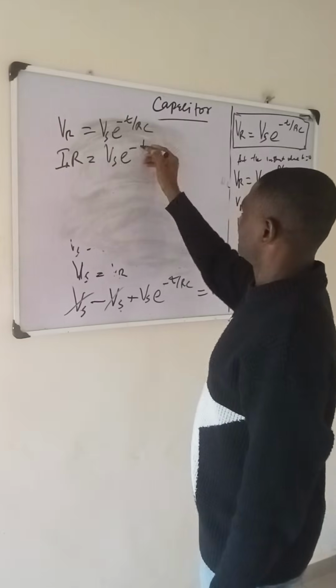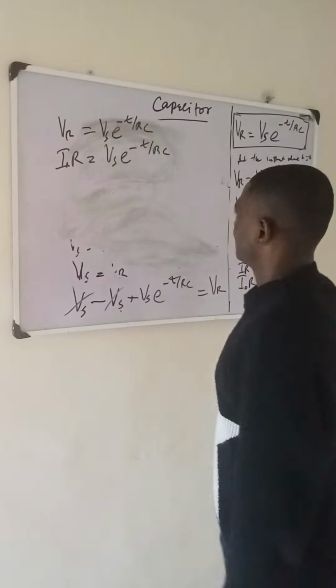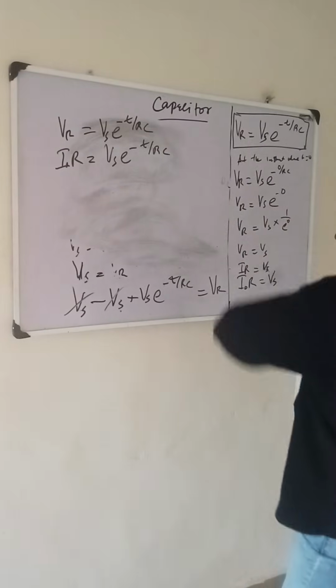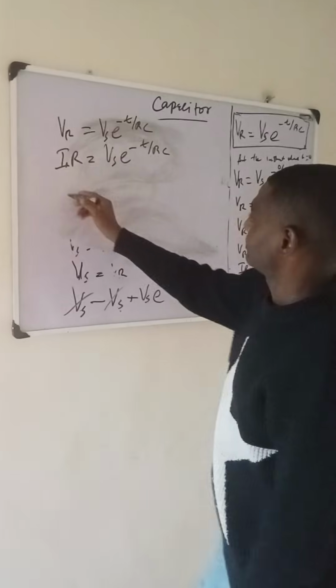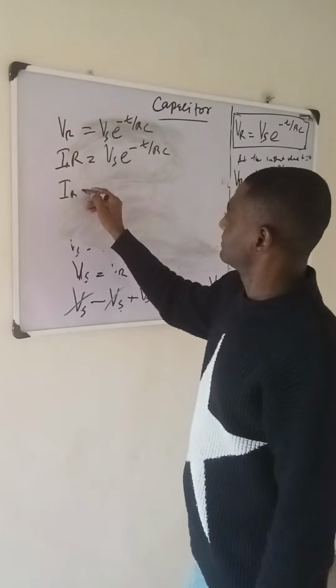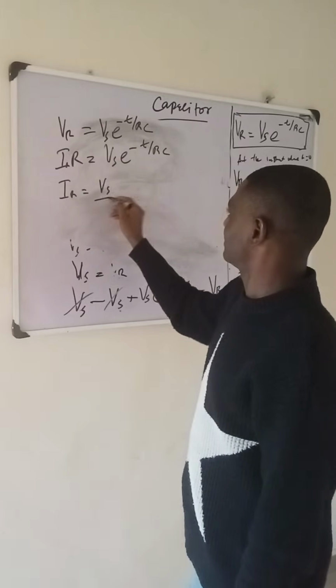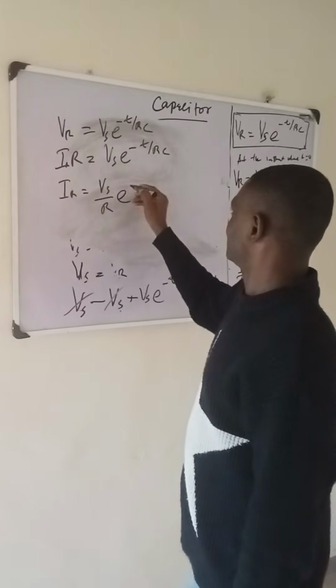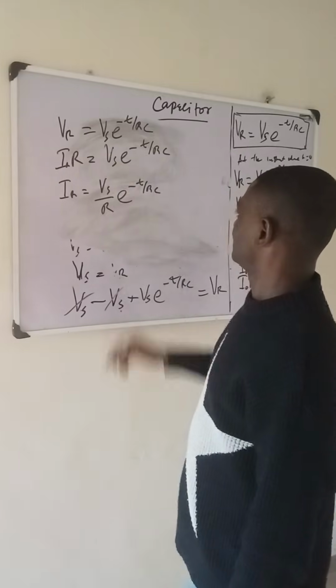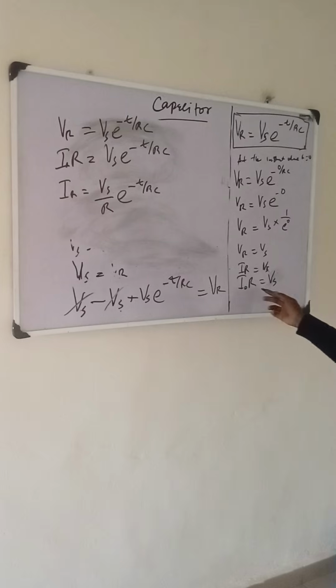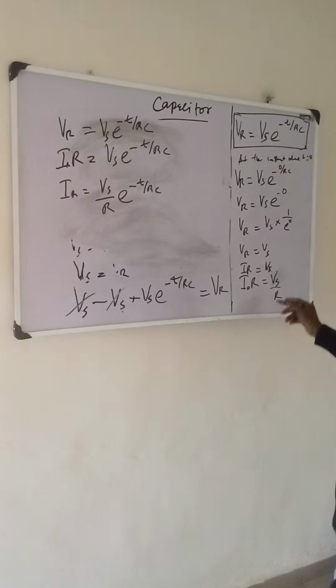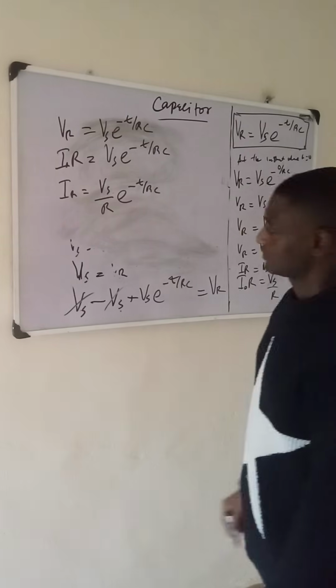Remember that the same current is flowing across this and that. So IR is the same thing as saying Vs all over R e raised to the power minus t all over RC. Just like we proved here, if I divide this by R, I will have I naught.